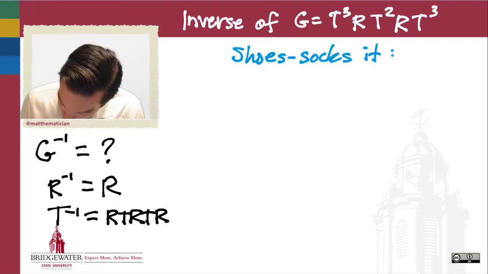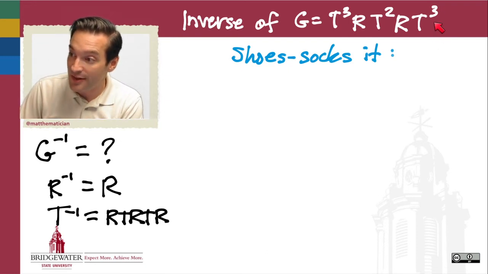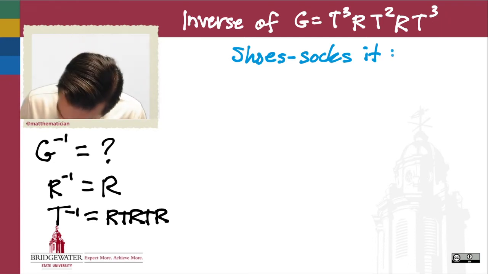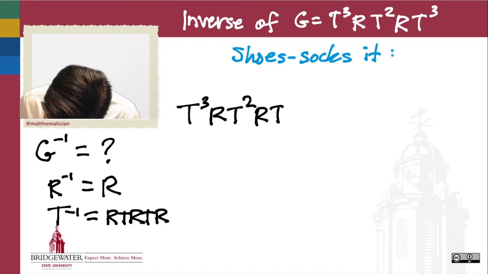So if I wanted to cancel out the first letter, the first letter I would want to try to cancel out is the last letter in the word, right? The last thing that was done, which was this third twist on the end of my line. So the first thing that I should do, I'm going to write down my tangle, T cubed R T squared R T cubed.